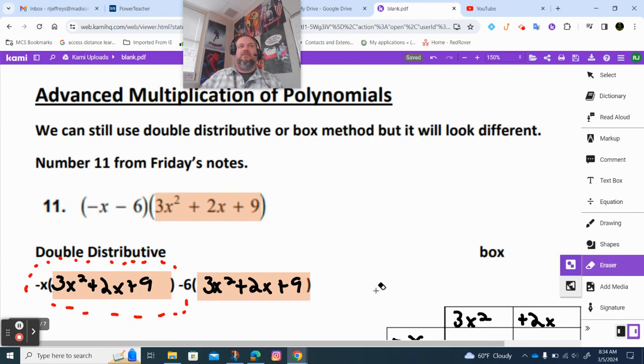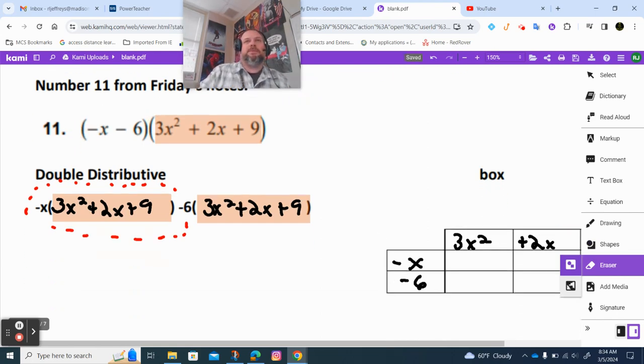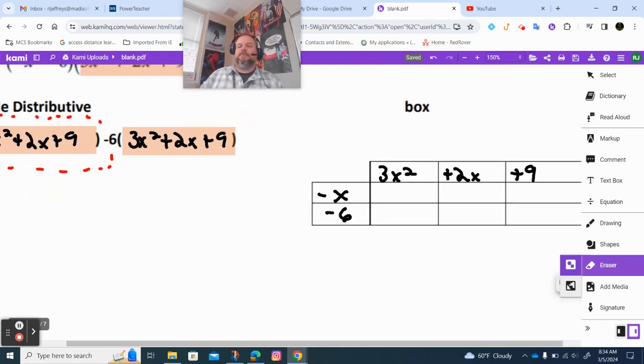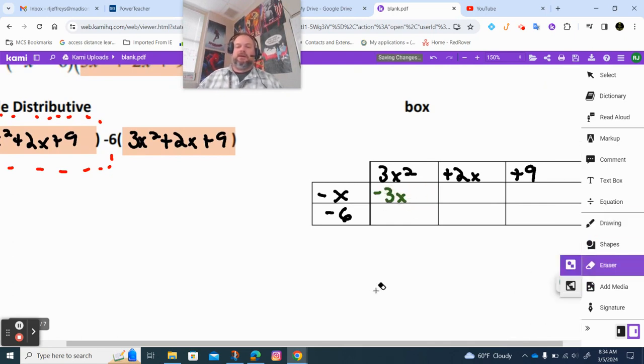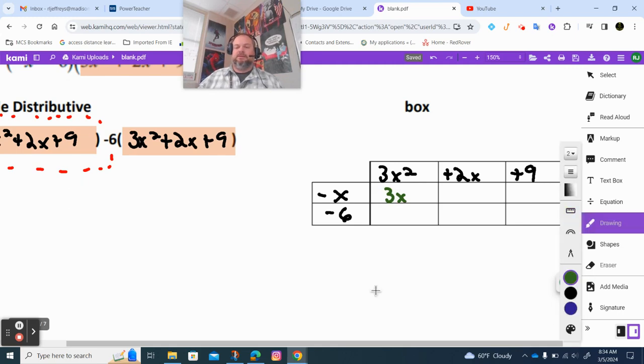Sorry. The caffeine hit really good today. All right. Negative 3x squared. Ooh, not that. Not that either. X to the third minus 2x squared minus 9x.